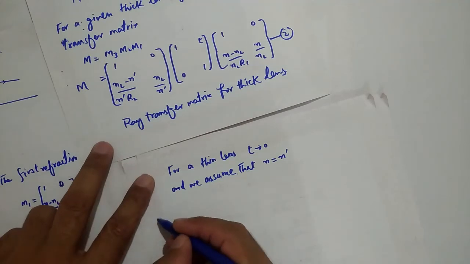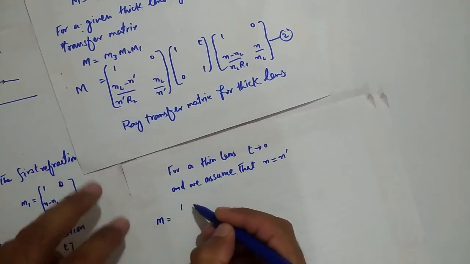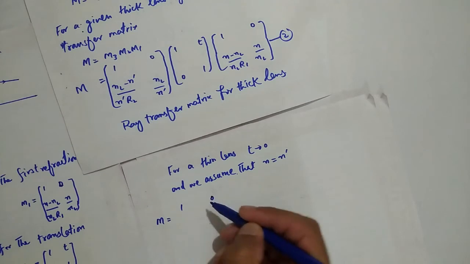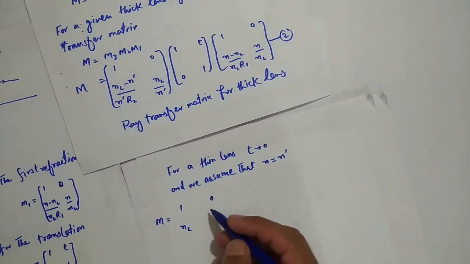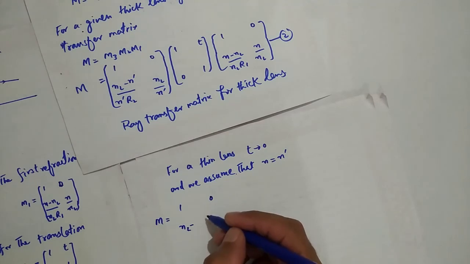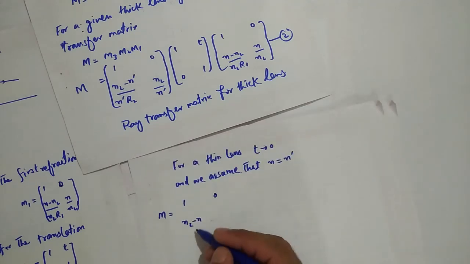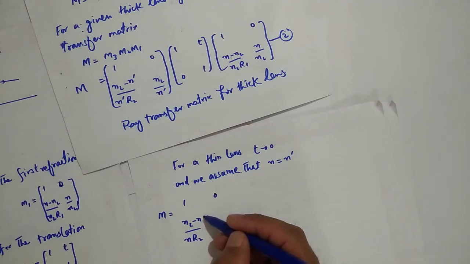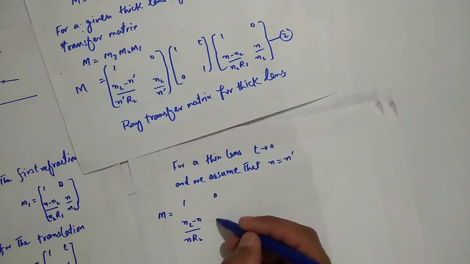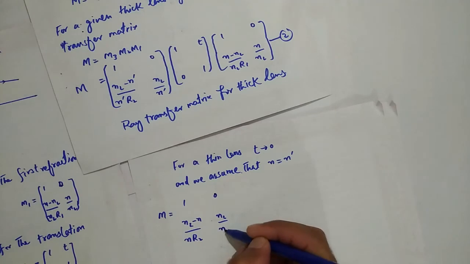Therefore M will be equal to 1, 0, (nL minus n)/(n R2), nL/n. Clear?